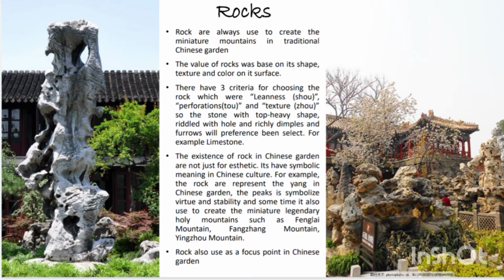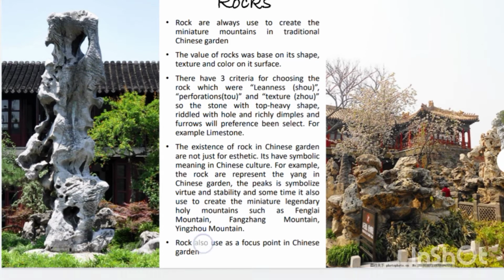There are three criteria in choosing rock, which are leanness, perforation, and texture. So stone with a top-heavy shape, riddled with holes and rich in furrows, will be preferably selected.